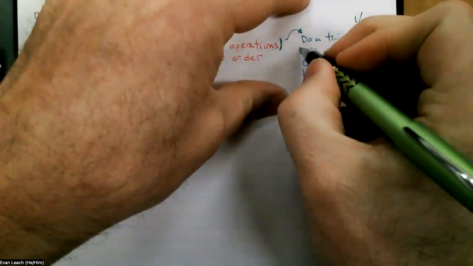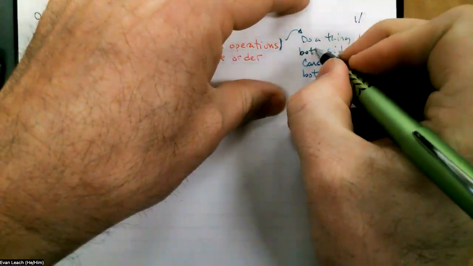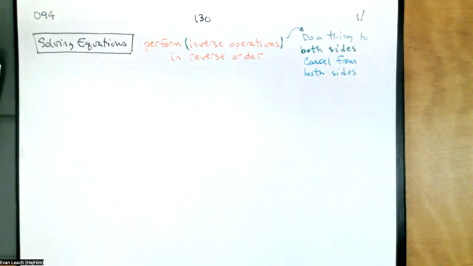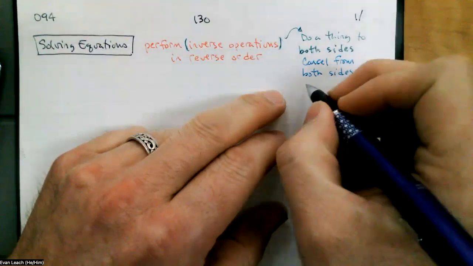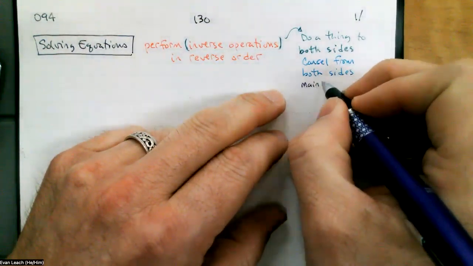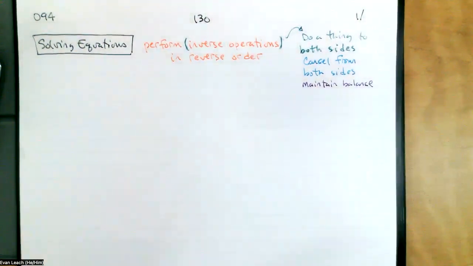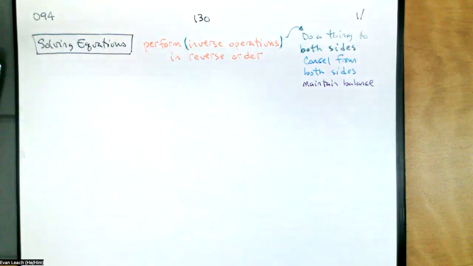So I want to include that this is that. This inverse operations in reverse order is still these same kinds of traditions, and all this falls in the category of maintaining balance. So there's lots of things. This inverse operation is still maintaining balance, doing things to both sides, canceling something off of both sides, maintaining balance.